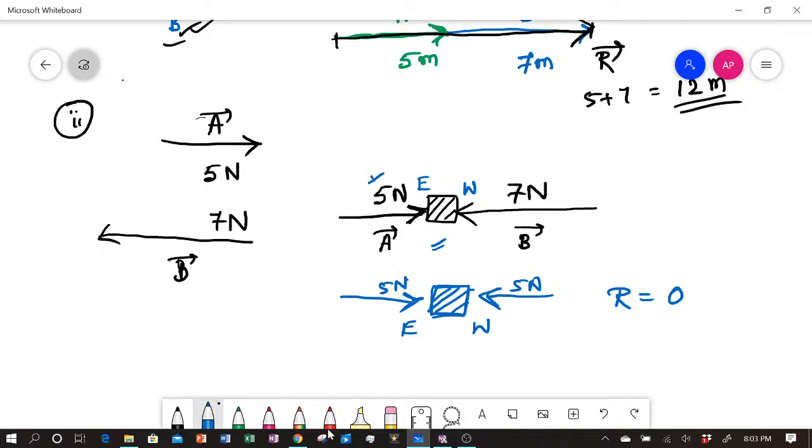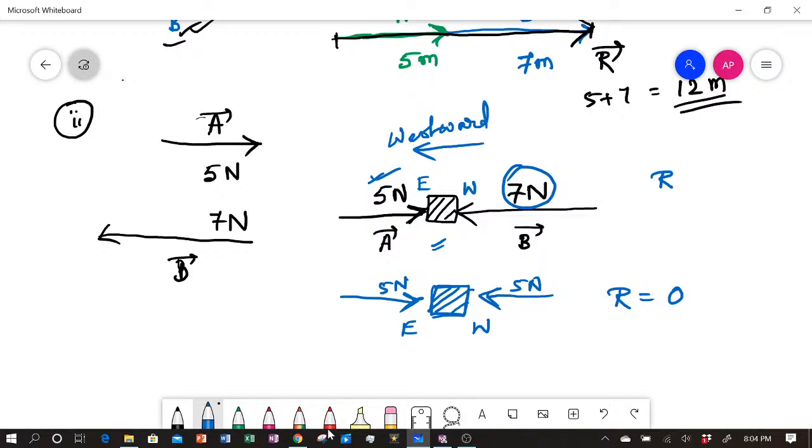Because this 5 Newton is acting along east and 7 Newton is acting along west, and this 7 Newton is greater than 5 Newton, right? That means the direction of the resultant force would be along the greater force, that is along westward, right?